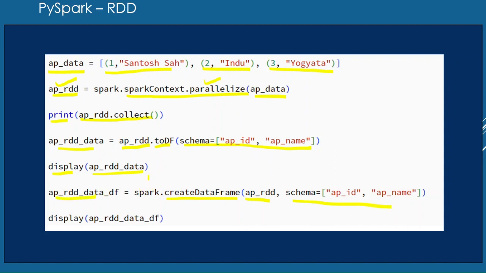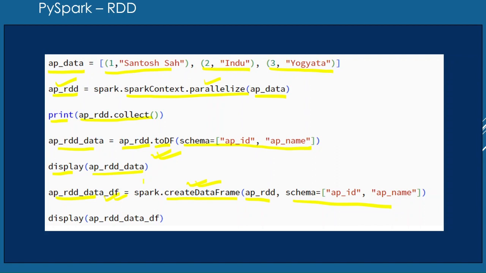So here we have seen that toDF is a function which is present on the RDD to create a data frame, and on the spark.createDataFrame function, we can pass the RDD and the schema to create a data frame. So in two ways, we can create a data frame out of an RDD.